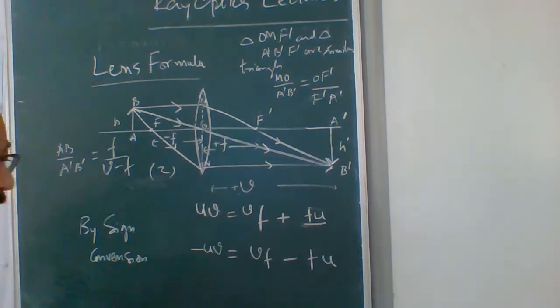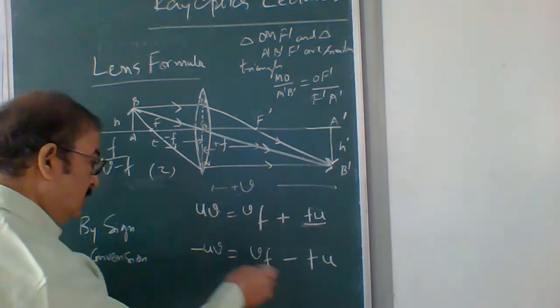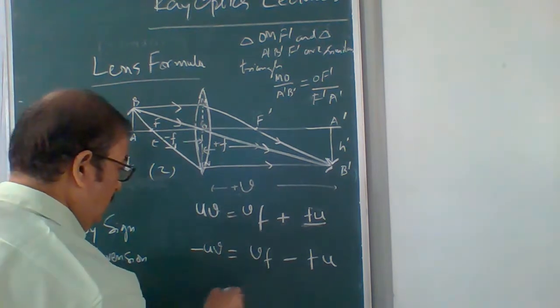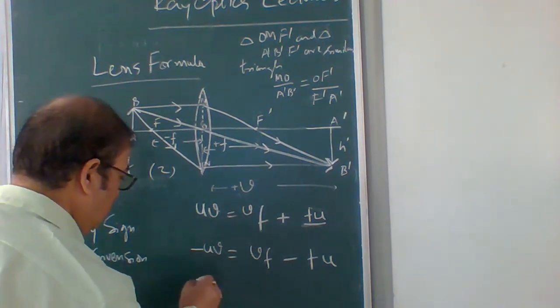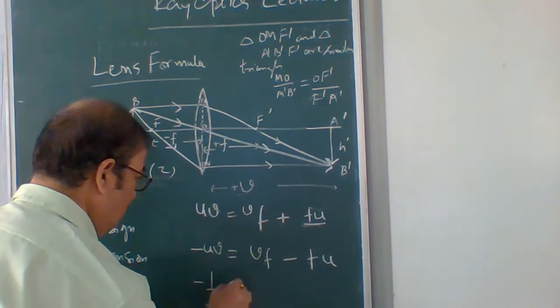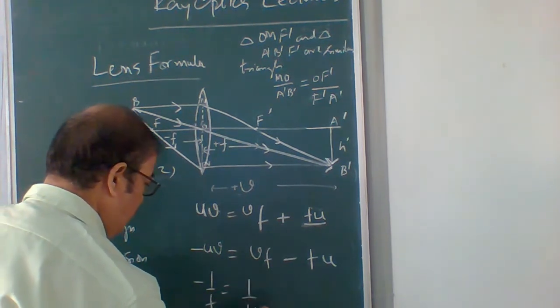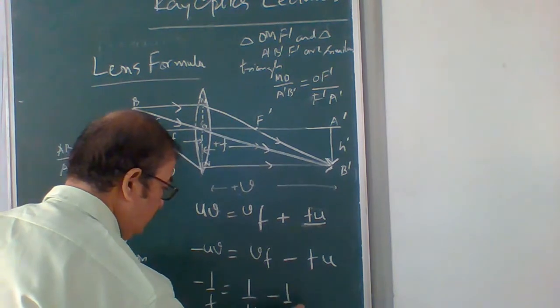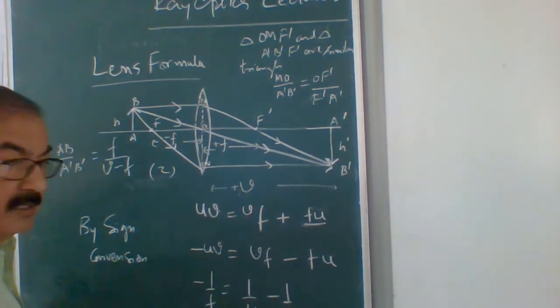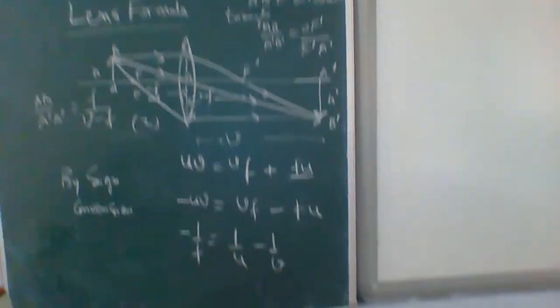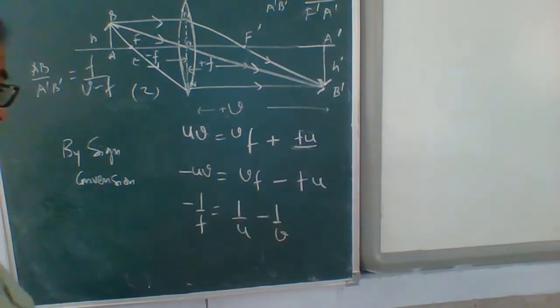After having this, we divide all the terms by UVF, and we get minus 1 by F, 1 by U, minus 1 by V. Now we multiply both sides by minus 1.